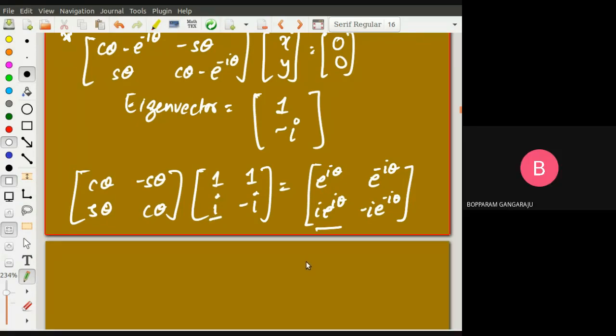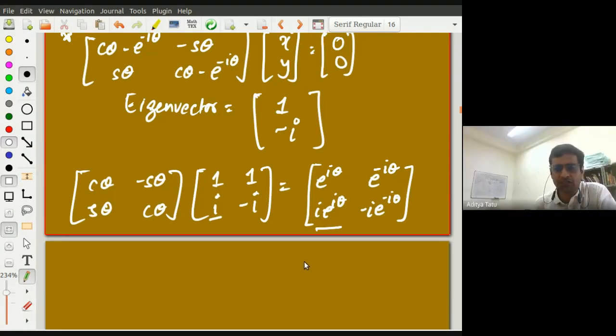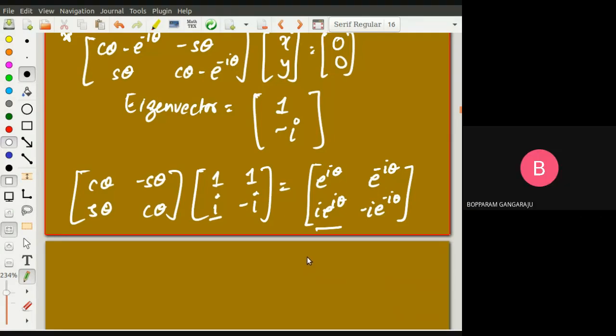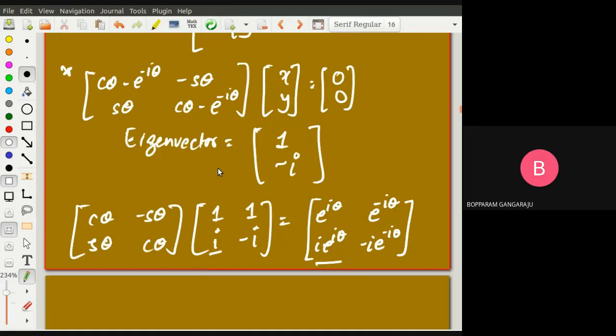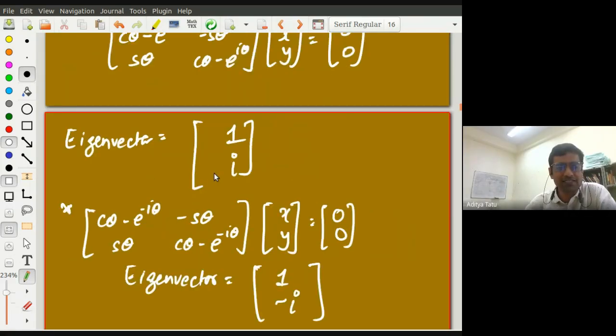The columns should be interchanged. The first element in the first column is e power minus i theta. It should be e power minus i theta, no, cos theta minus i sin theta. No, then there is some mistake in this eigenvector computation.